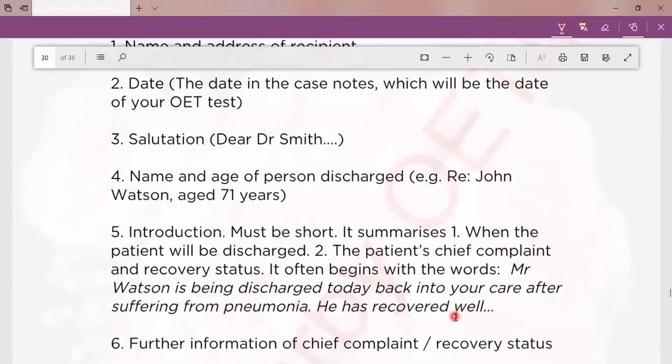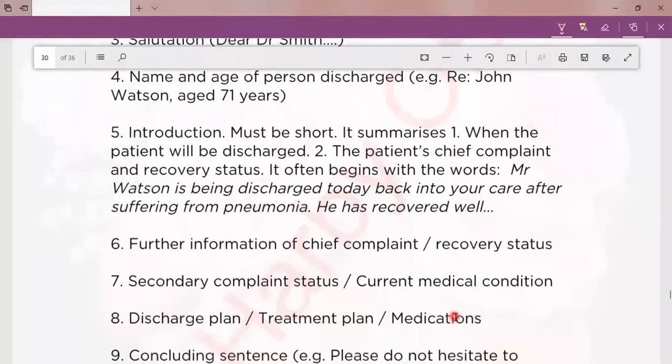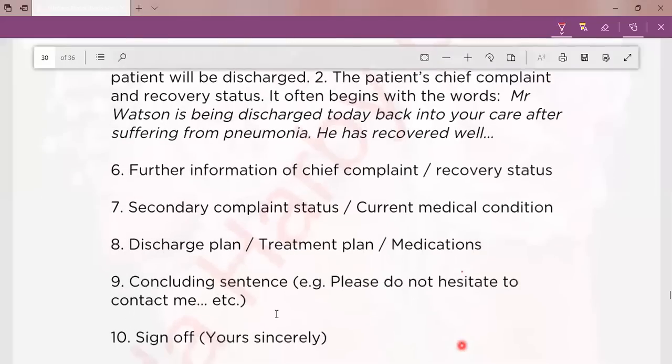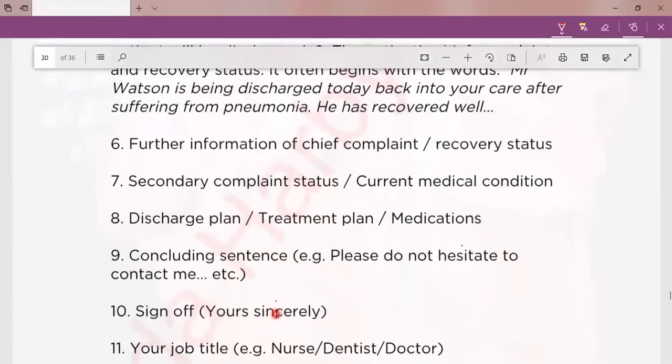So further information regarding the chief complaint and recovery status is called the admission criteria and discharge criteria. Admission for the main complaint and recovered, so that we discharge for a secondary plan or whatever. So discharge plan, treatment plan, and medications given. Concluding, please do not hesitate to contact me. Sign off, yours sincerely, doctor.